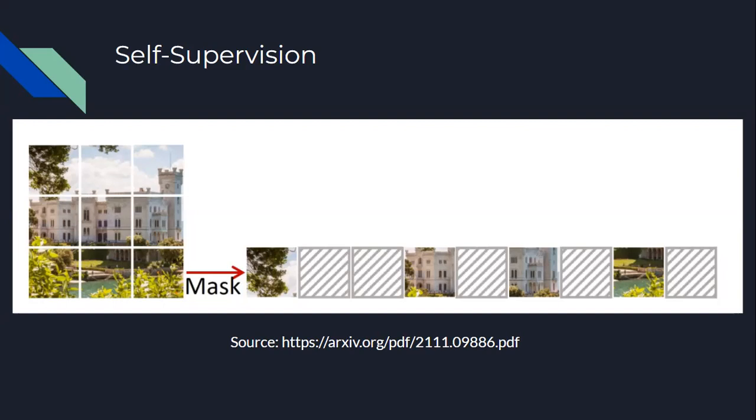In this case, it's 50% of the patches that are chosen to be changed, and 80% of the time they're changed to mask tokens. 10% of the time they're changed to another patch in the image, and then the rest of the time they're not changed at all. So this happens during pre-training, and they just changed the BERT implementation to one that would work for image patches.